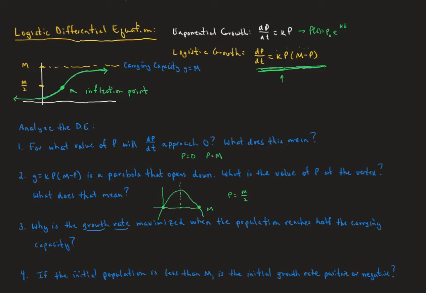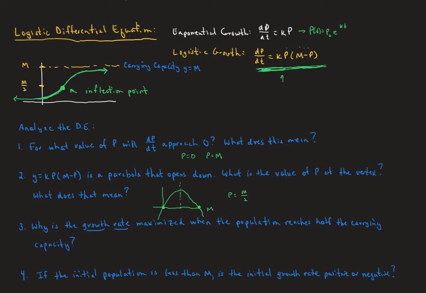Now, for us, that means that since this is our differential equation, the rate of change dP/dt, the rate of change of the population will be its largest, its fastest. It's going to grow the fastest at M over 2. And remember, in terms of our derivatives, that's going to make this an inflection point.